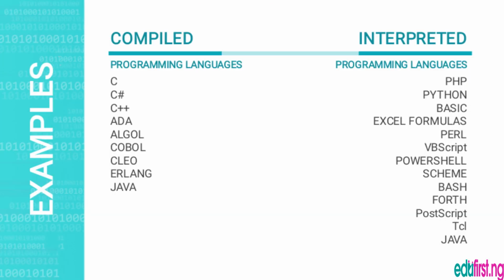And we are going to see examples of compiled programming languages and interpreted programming languages. Examples of compiled programming languages include C, C#, C++, Ada, Algol, COBOL, Clio, Erlang, and Java.